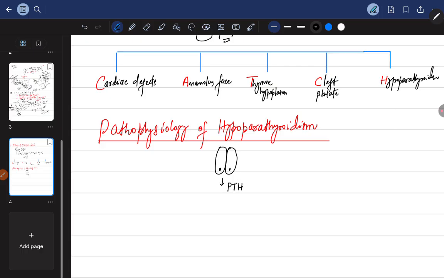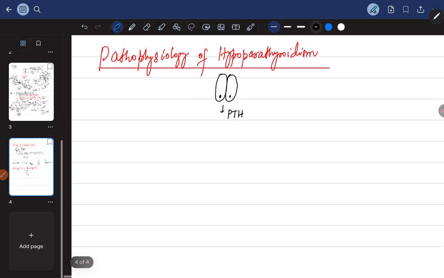Okay, this PTH will act on the bones. Okay, this PTH will act on the kidney and indirectly on the gut.